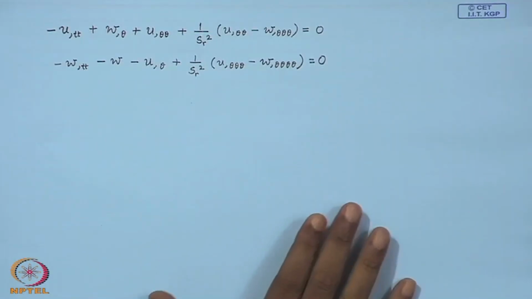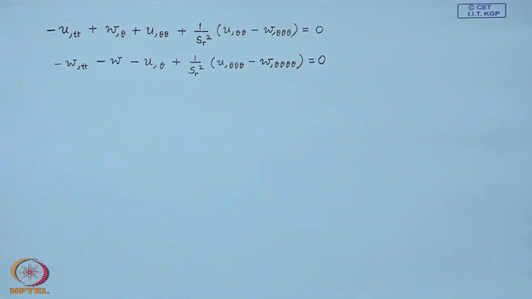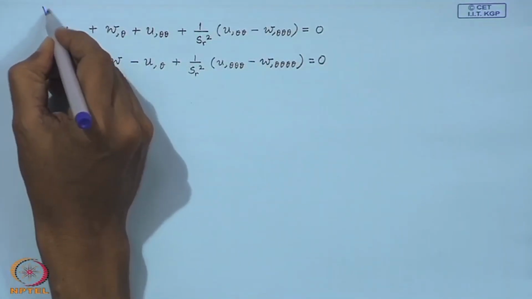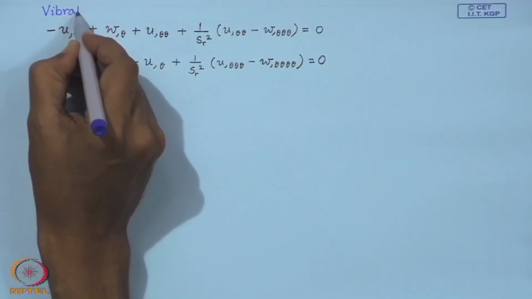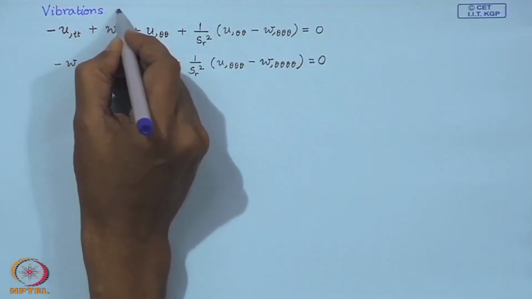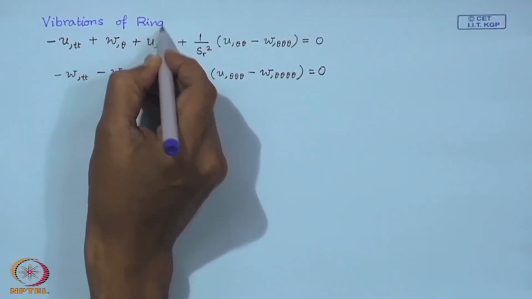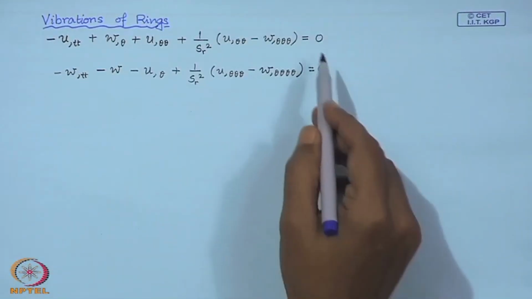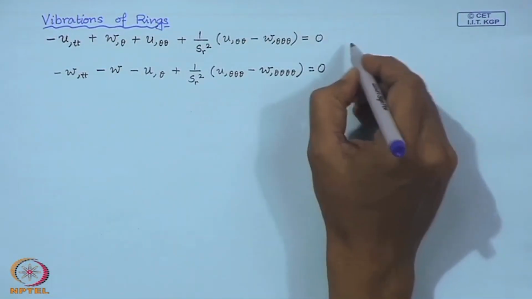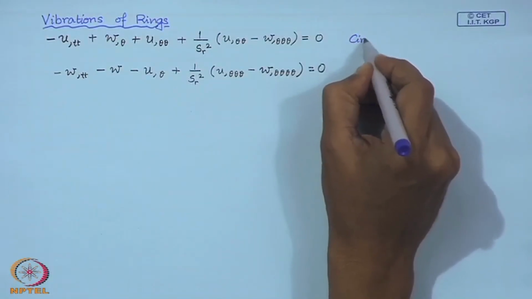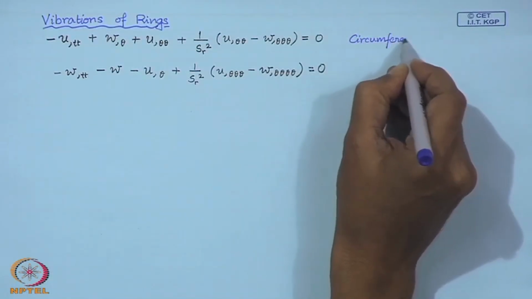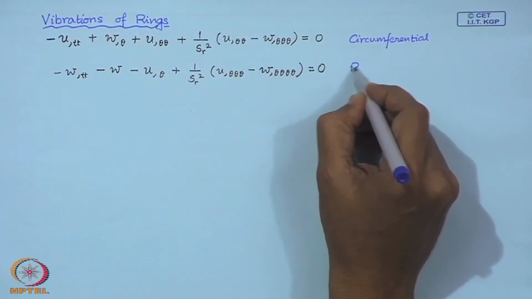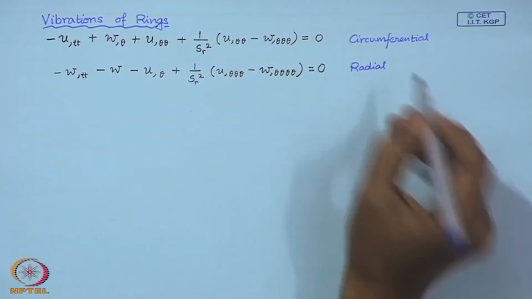So, today we are going to first discuss the vibrations of rings. In the case of the two equations of motion, this is for the circumferential motion, and this is for the radial or the transverse motion.